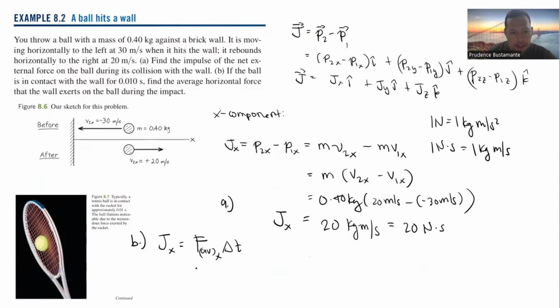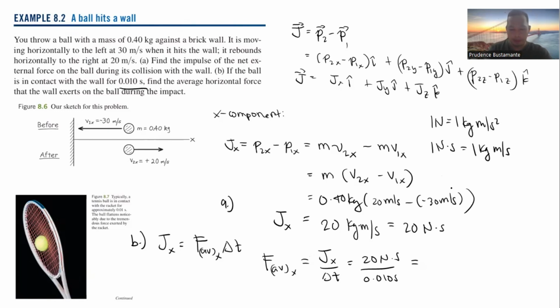So the F average is equal to Jx over the time interval, which is 0.010 seconds. So we have 20 newton-seconds over 0.010 seconds.